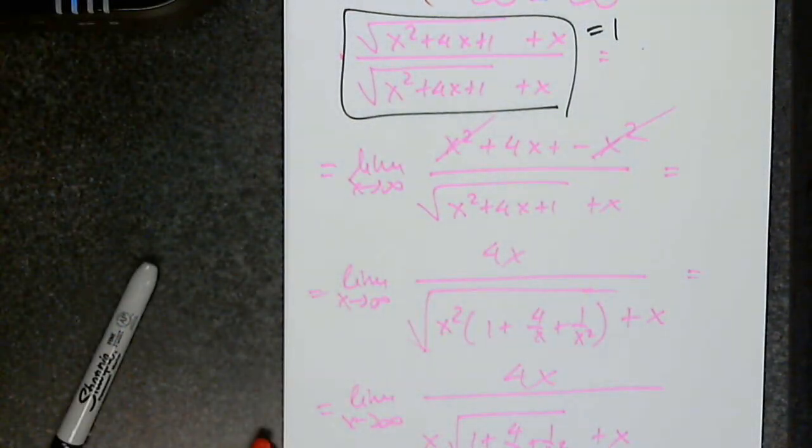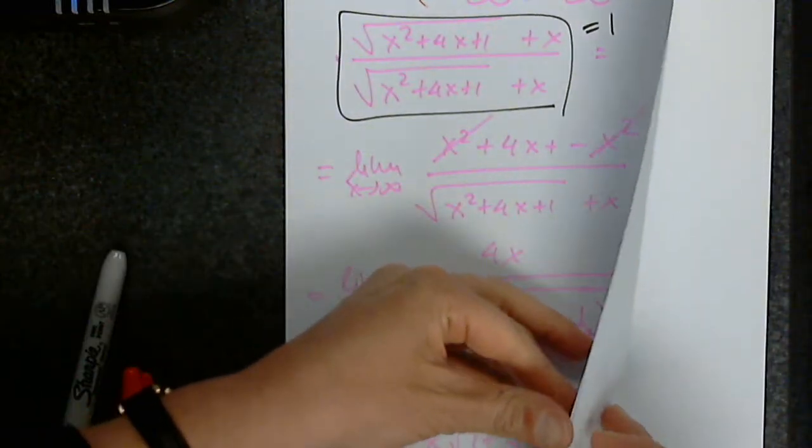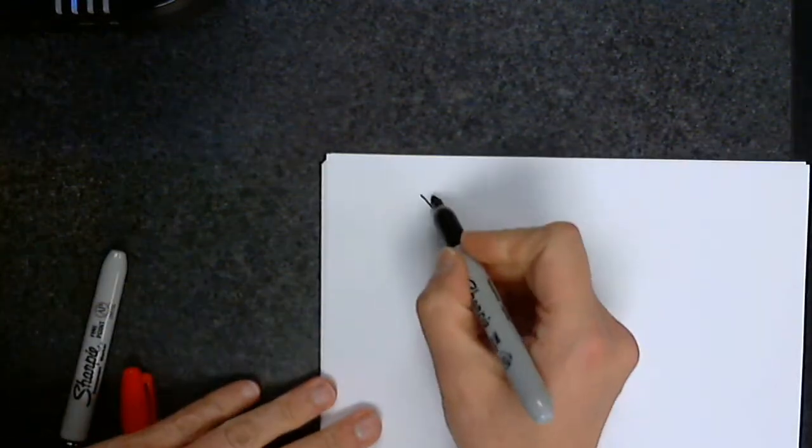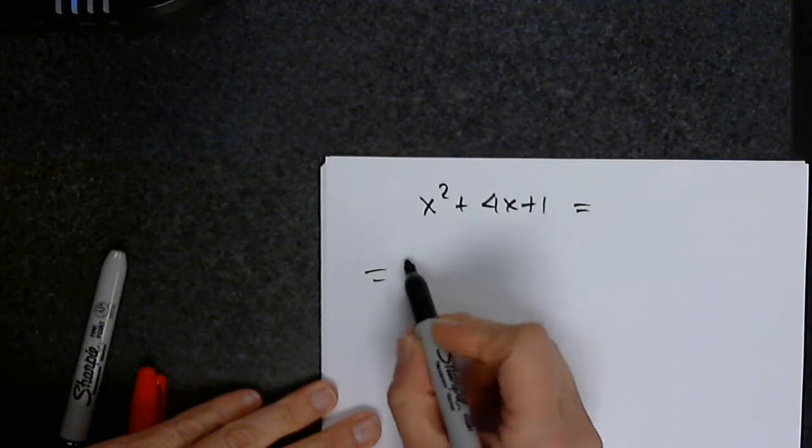I don't know why you don't factor it. I can factor anything I want from anything I want. That is very important. From x squared plus 4x plus 1, I can factor 7.